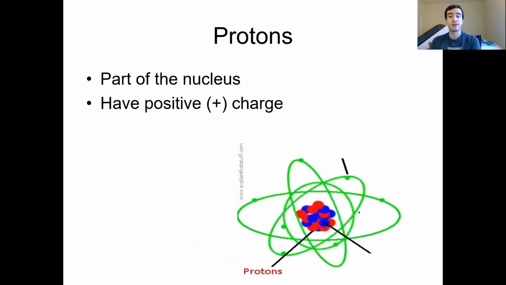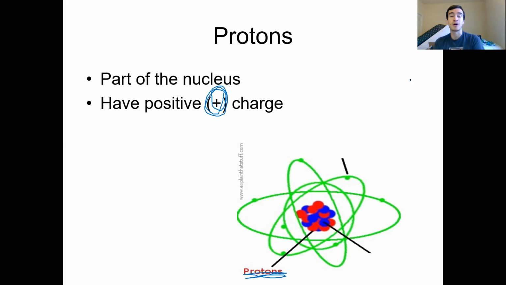So protons are here in the nucleus. They're one half of the different particles in the nucleus. And protons, the important thing to remember about them for right now is that they have a positive charge. So just like the battery in your car has positive and negative terminals on it, atoms have positive, neutral, and negative areas in them as well.